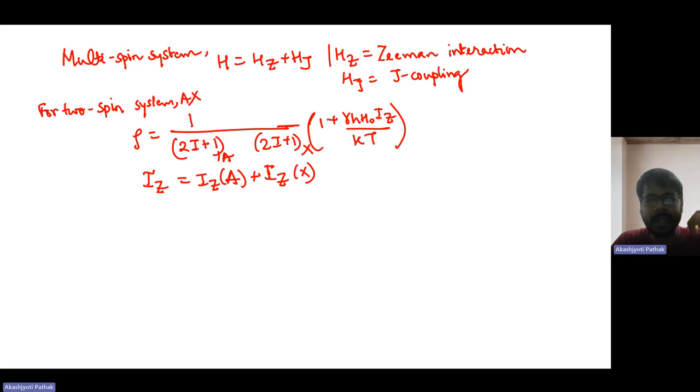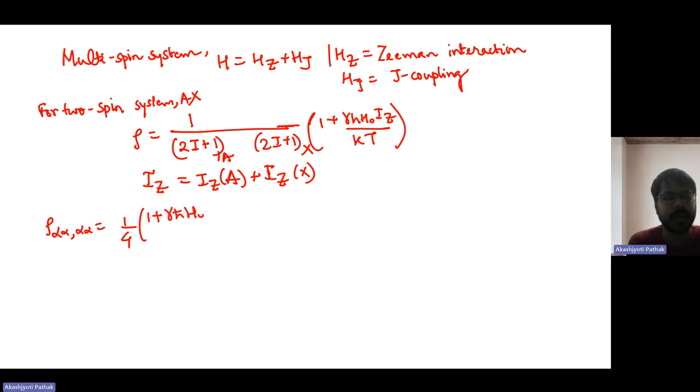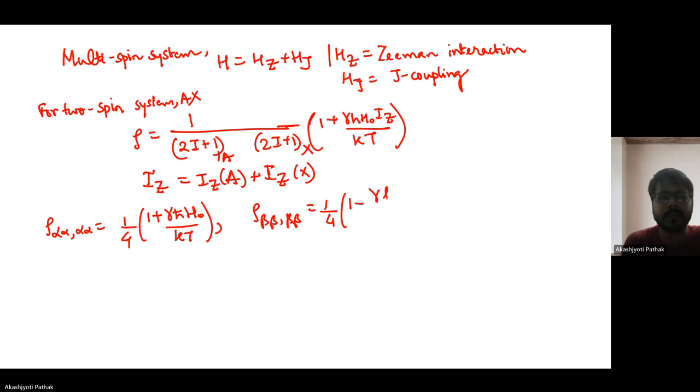With these states, the matrix elements of rho will be equal to 1 by 4, 1 plus gamma h bar h naught by kT, for rho beta beta and for rho alpha beta.